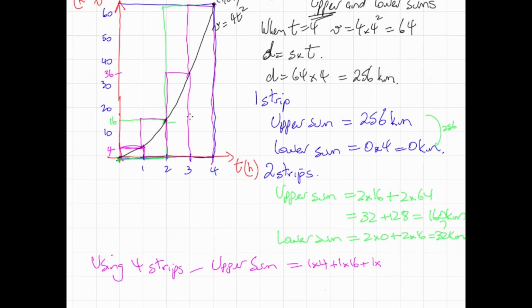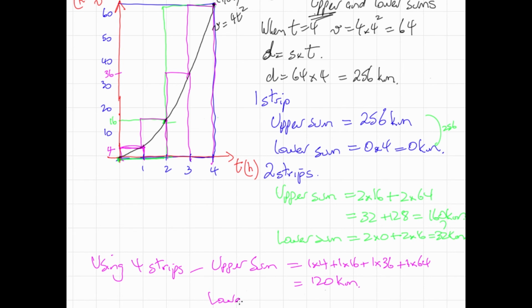So the area of that little strip there will be 1 times 36 plus 1 at 64. 4, 20, 56. 56 plus 64 is 120 kilometres. Once again, it's dropped down a lot.